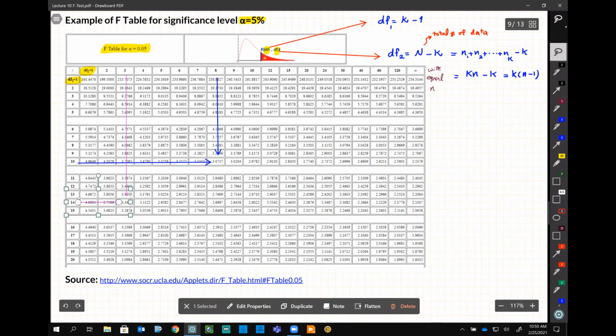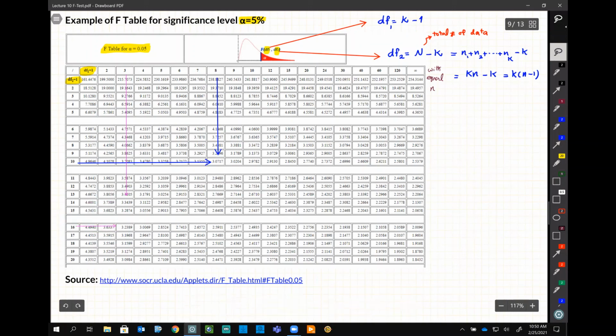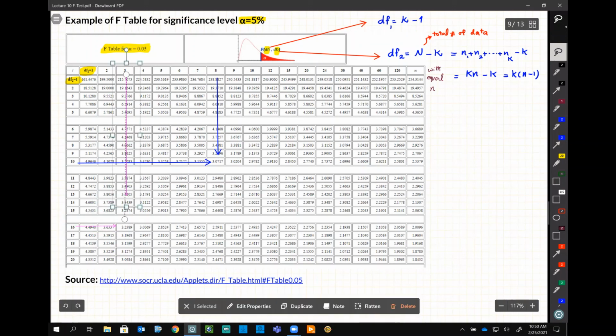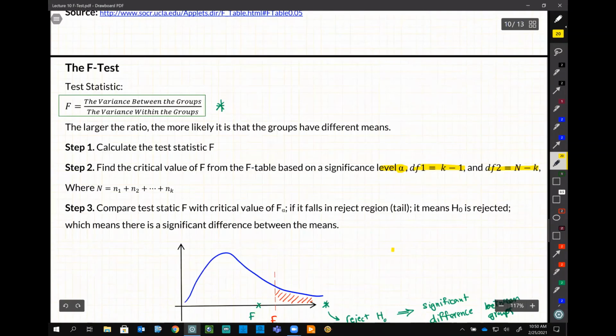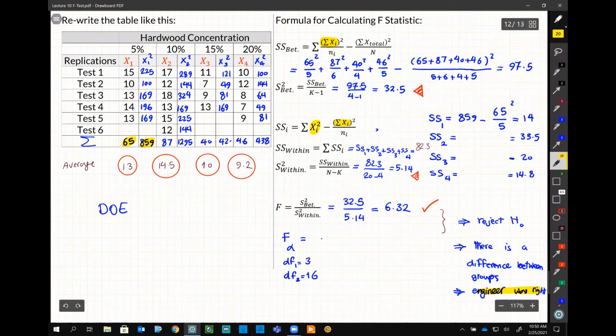So this is 16. So it's going to be 3.23. Let's move back. 3.23. Still, we are rejecting that.